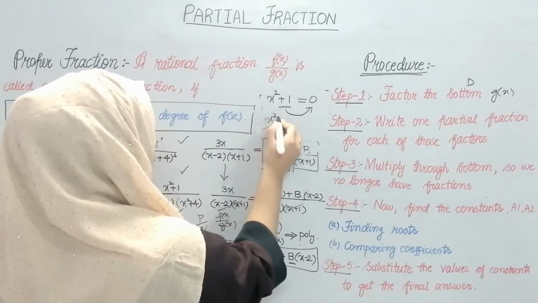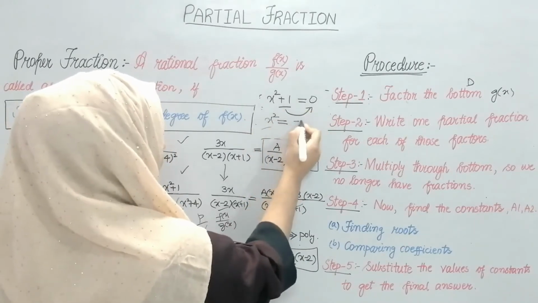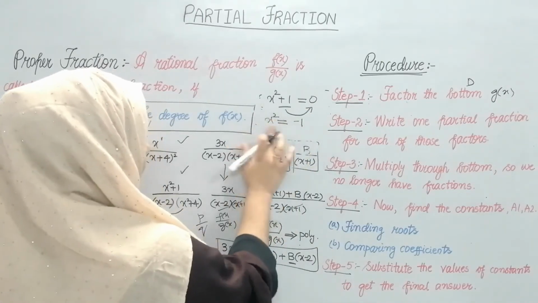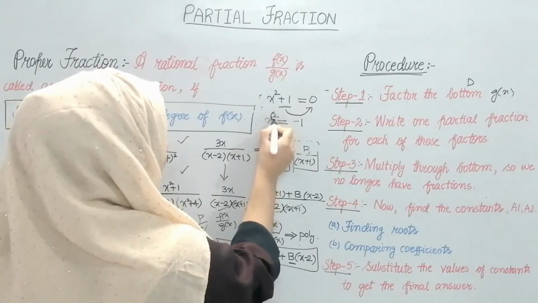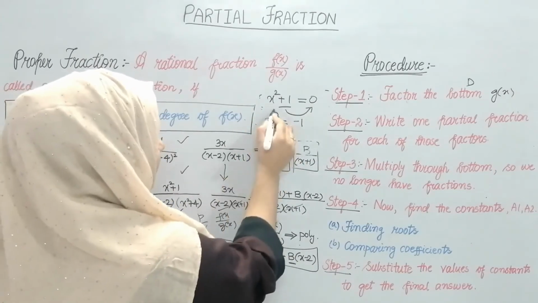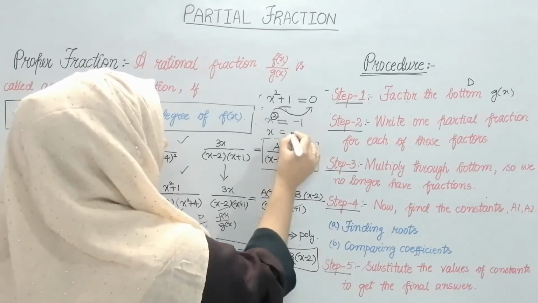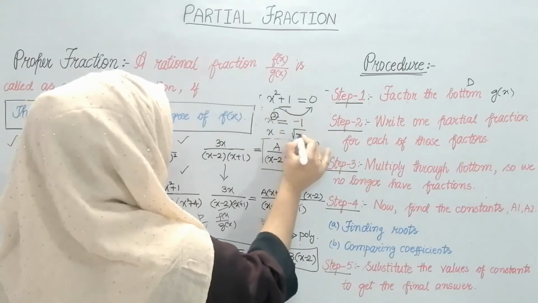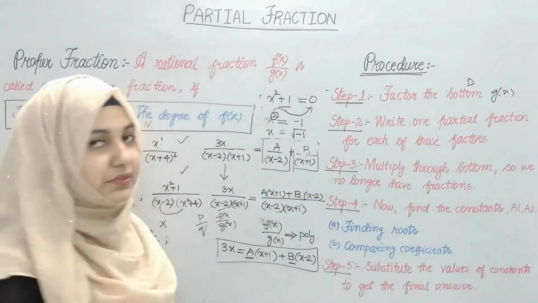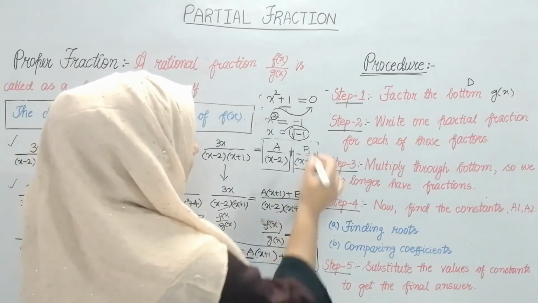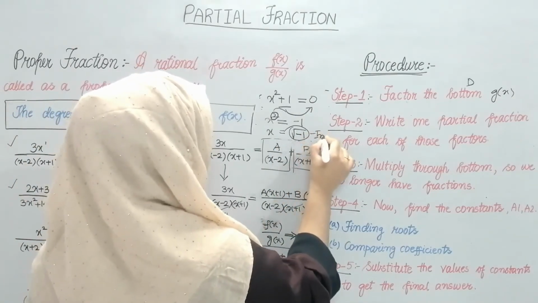So this will be x square is equal to minus 1. Then next I have a square. I only need x, I don't need the square. So I'll send the square to the other side as well. It becomes under root, so it will be under root of minus 1. So if you see here, I will not get a real value for this number. It will be an imaginary number.